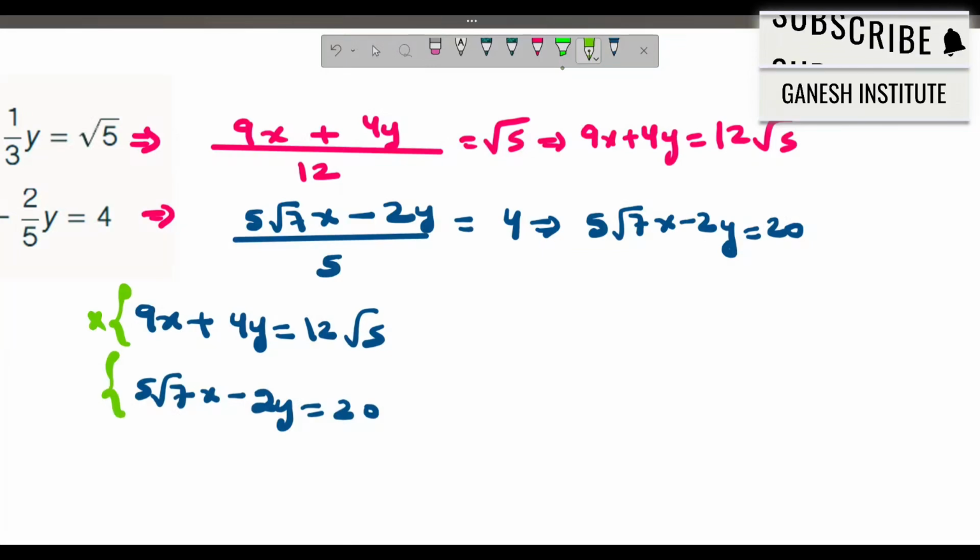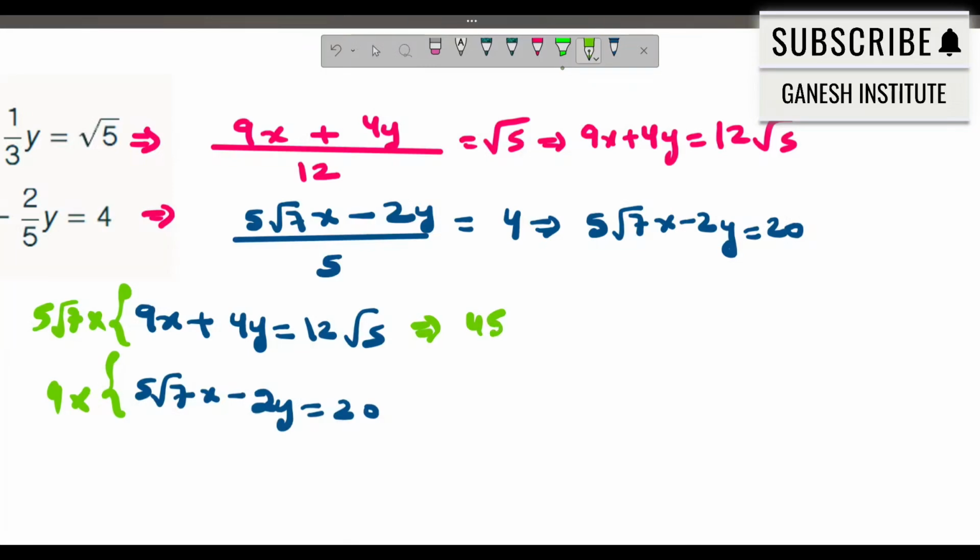I can see that there is nothing common between 9 and 5 root 7. So when you don't have anything common, you can simply multiply them with each other to make them the same. You multiply this with the coefficient of the second one and this with the coefficient of the first one. So that would be 45 root 7.